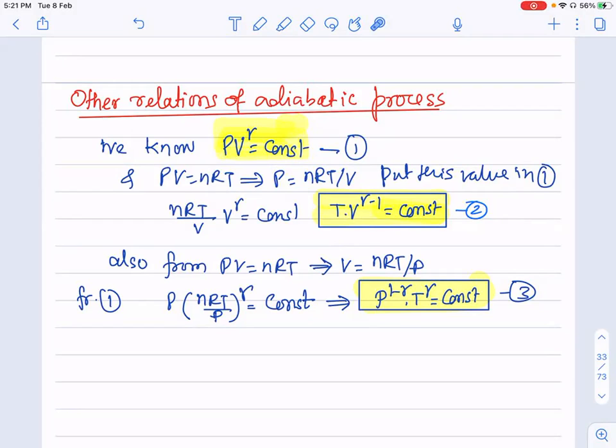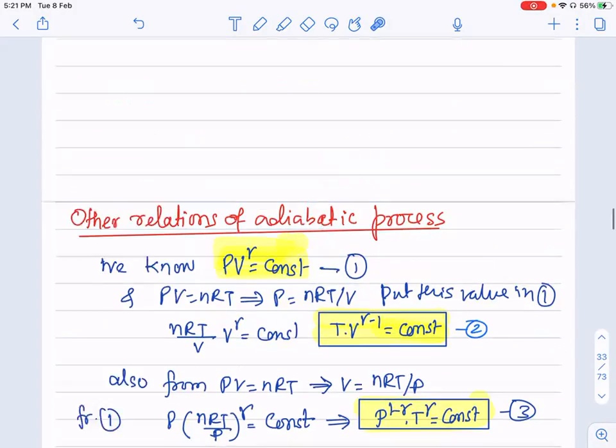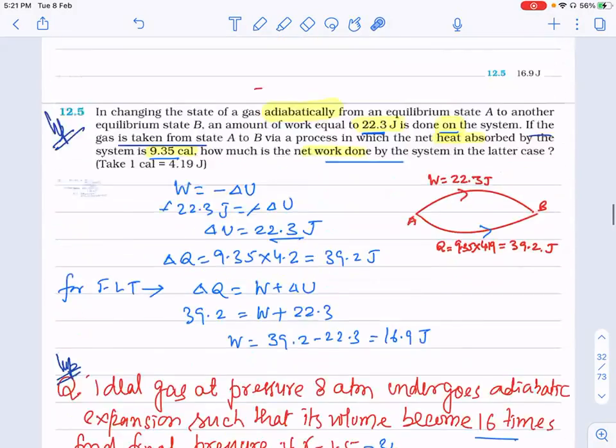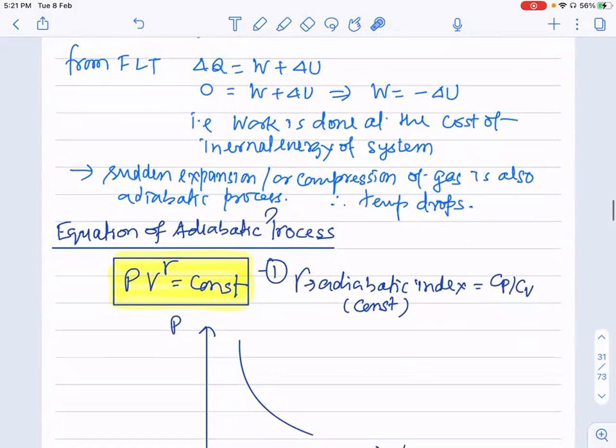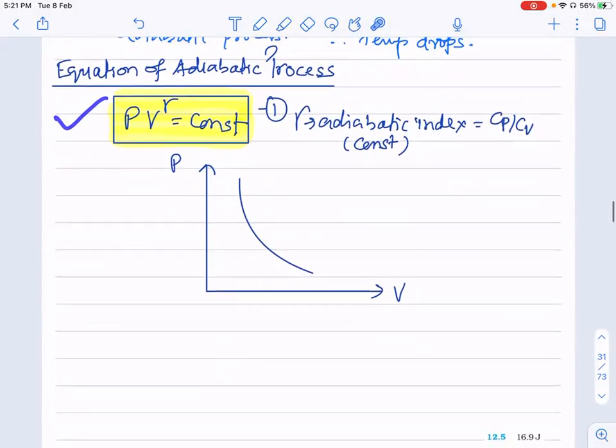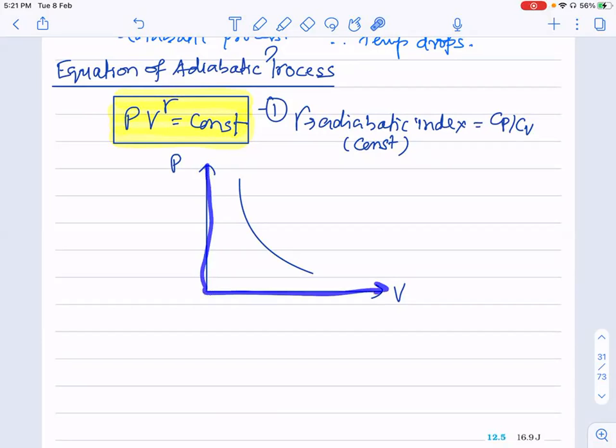ठीक है? So what we have done today, we have seen the adiabatic equation, main equation PV to the power gamma is equal to constant, और उसका graph ऐसा आता है ना. Similar to the isothermal. Isothermal का भी ऐसा ही graph है, but this will be more steep, more slope will be there for this.